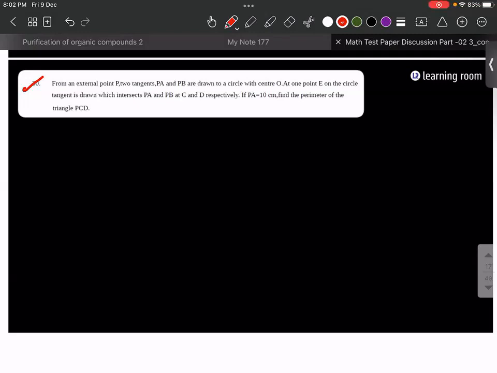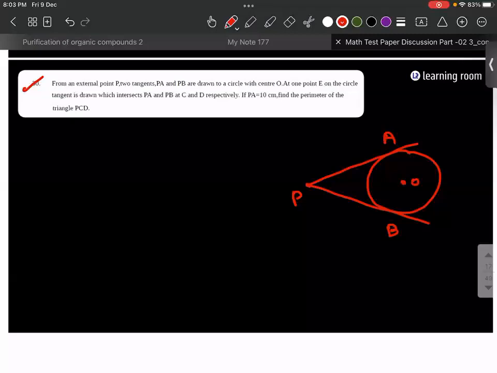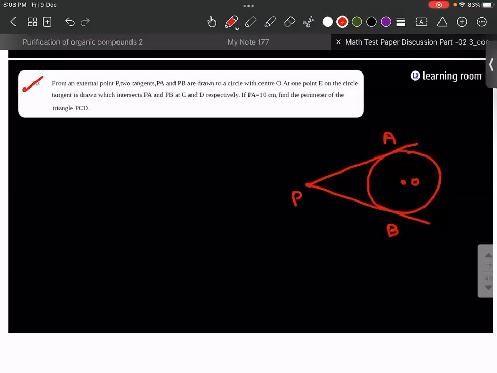PA is 10 centimeters. Find the perimeter of the triangle PCD.